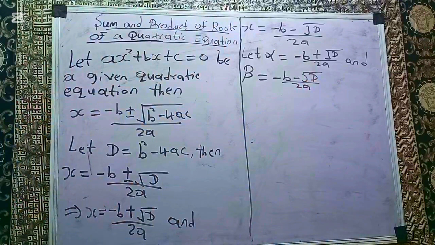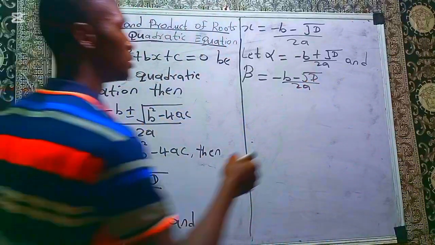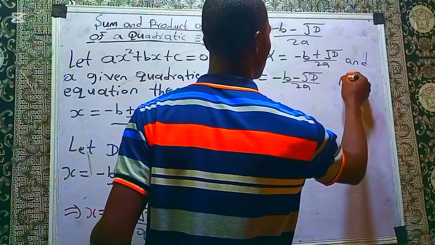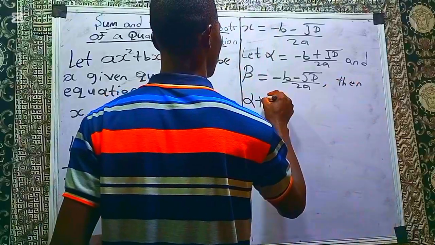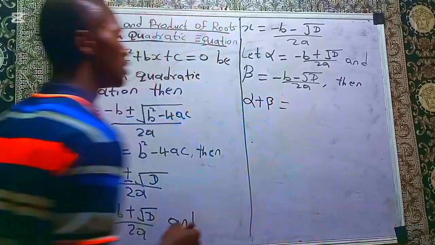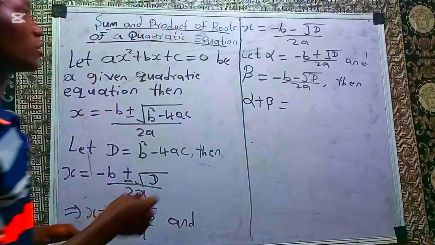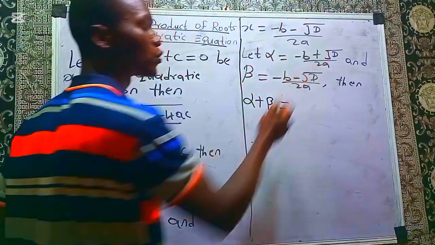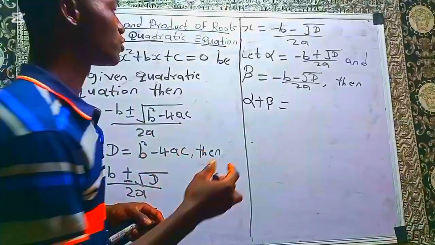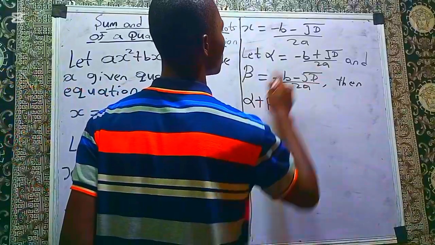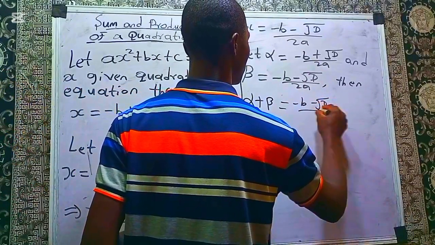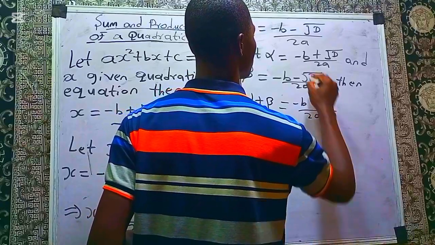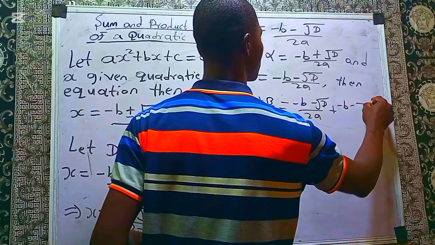Then alpha plus beta will be the sum of the roots. I've called the first root alpha, and the second root beta. Then for the sum of the roots, we want to add them.